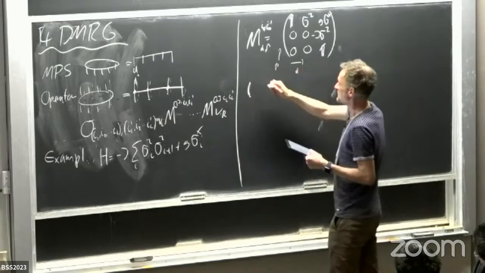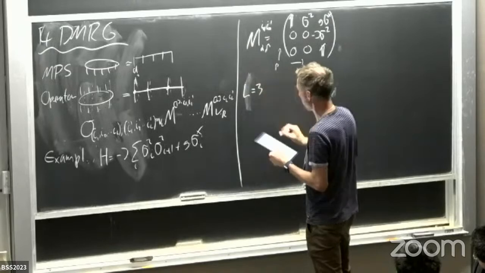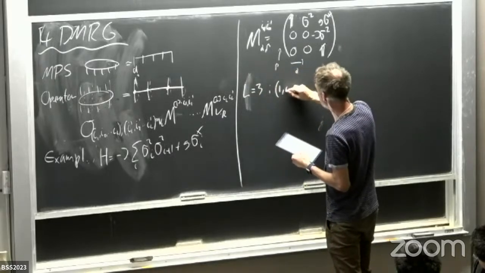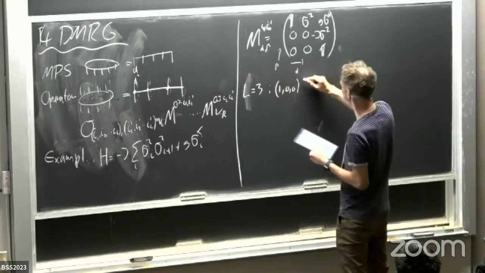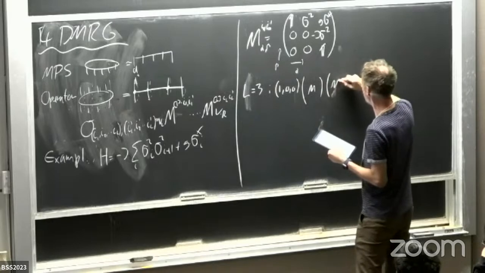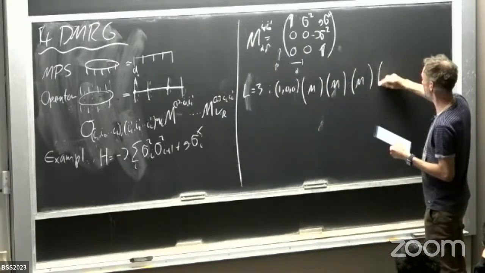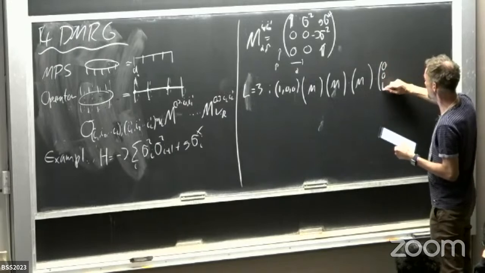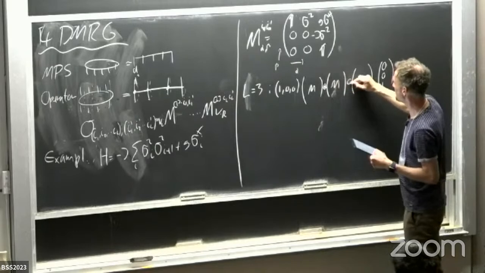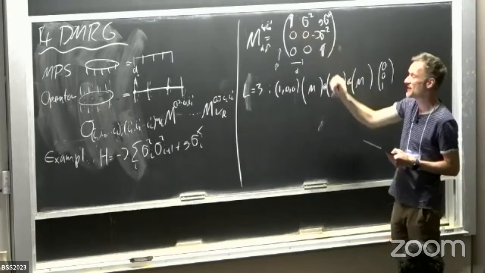Let me just write it down here for the case of L equals 3. If I have L equals 3, then I have here 1, 0, 0. This is my starting vector. Now I put here my matrix M, M, M. And then I just terminate here with 0, 0, 1. The matrix multiplication that I choose here involves the tensor product of the entries of the matrix.